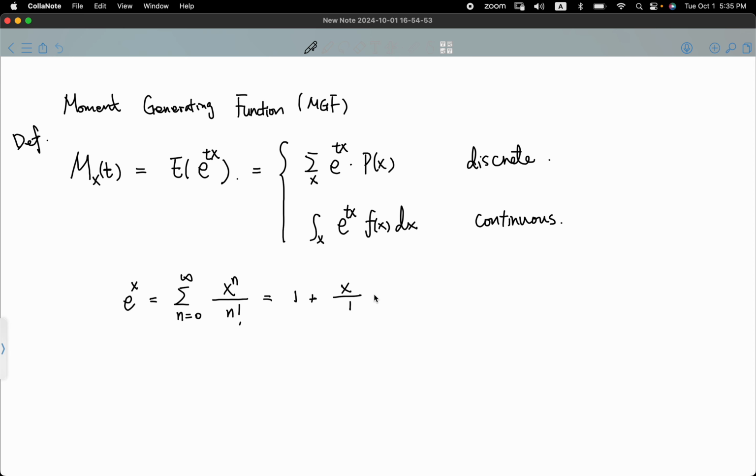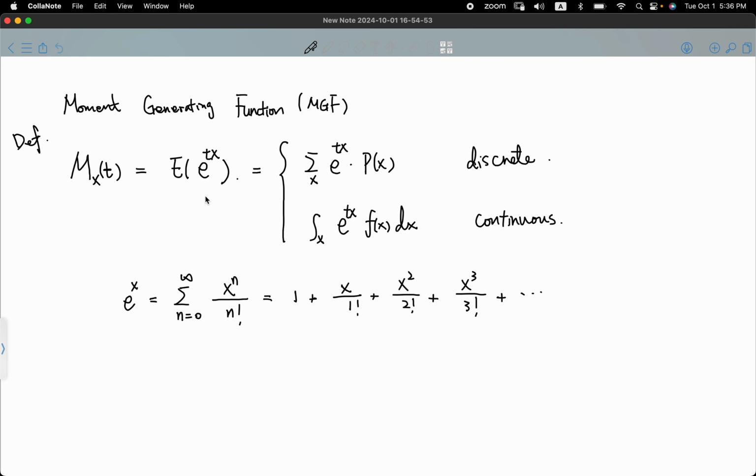For the next term, when n equals 2, you will have x raised to the power of 2 over 2 factorial, which is 2 multiplied by 1. And for n equal to 3, you will have x raised to the power of 3 over 3 factorial, which is 6. Maybe I keep the factorial here. And then this is an infinite sum.